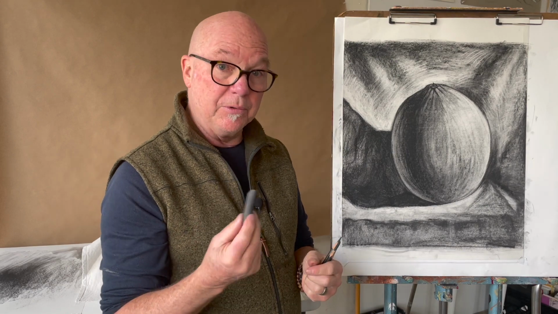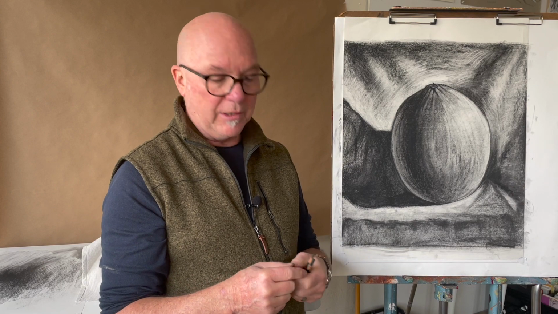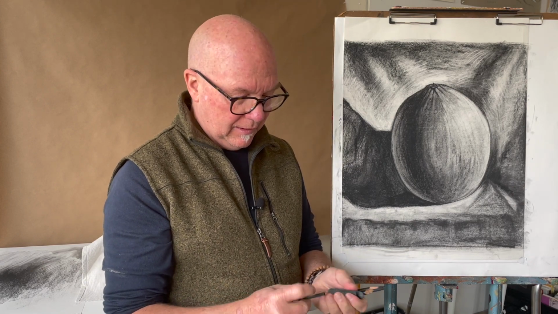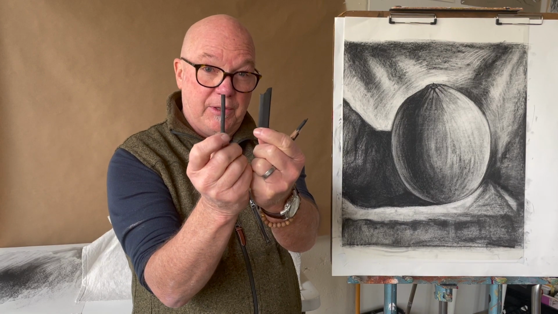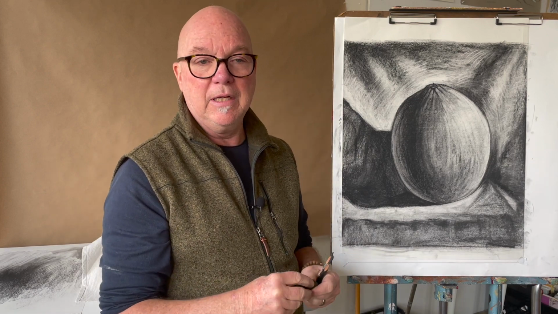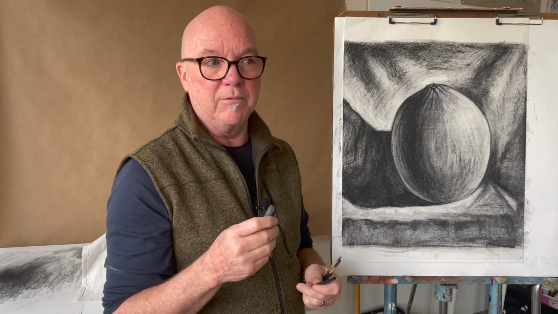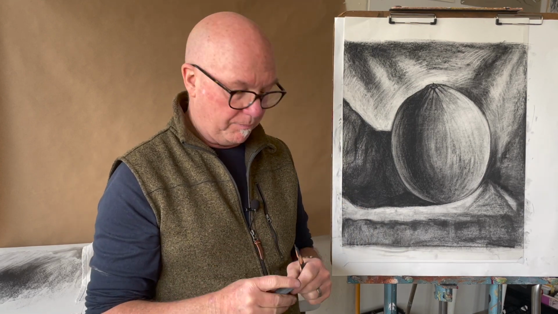One of my favorite tools to start a drawing with is vine charcoal, or now they call it willow stick. It comes in a variety of shapes and sizes, from thin to thick, and also in a variety of softness, from hard for really light tones to soft. I like the soft ones because they provide a really rich degree of tone or value.